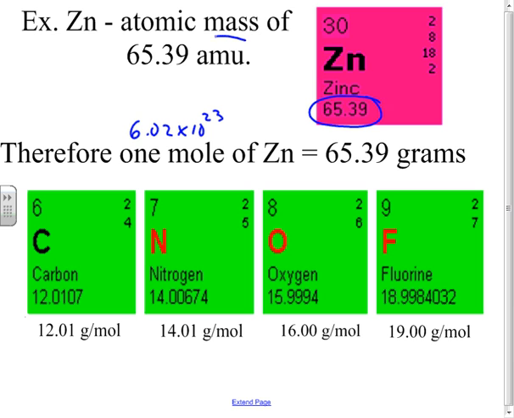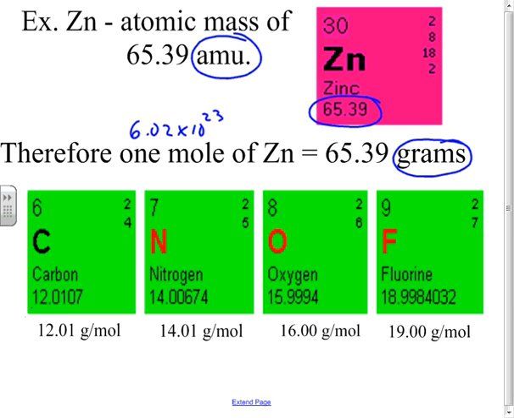In other words, the average mass of an atom is in AMUs. The average mass of a mole is in grams, but numerically they are equivalent to each other. We are always going to round to 2 decimal places.